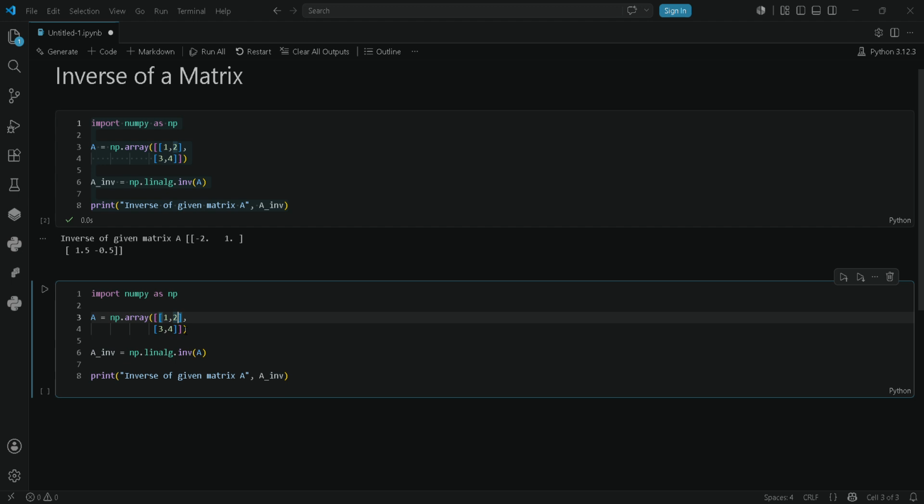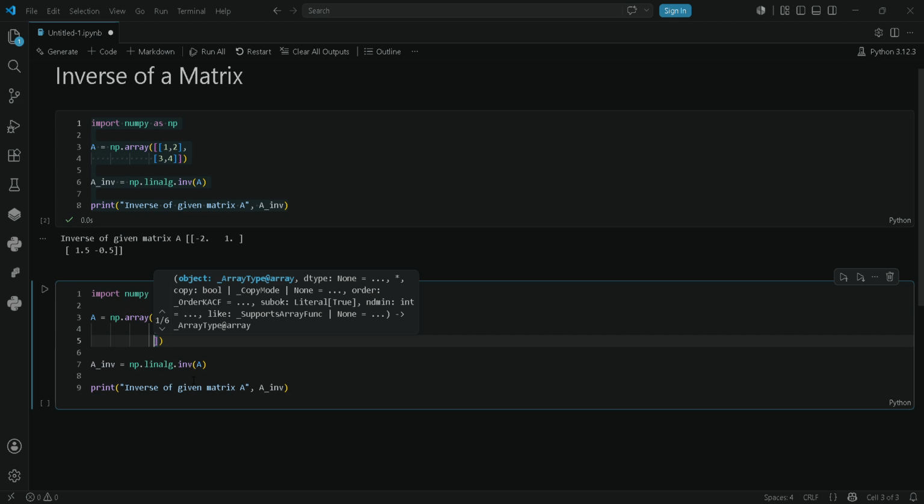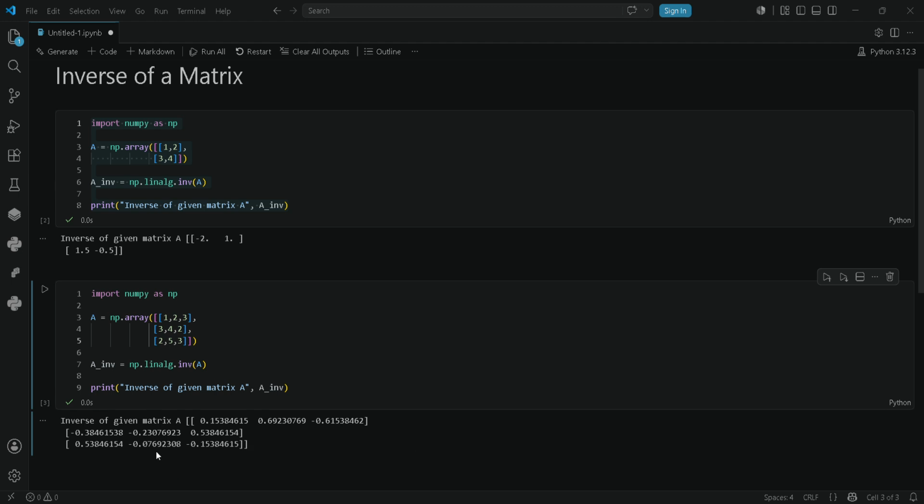So let's take 3, 2 and write another matrix, row by row, and thus we calculate the inverse of another matrix.